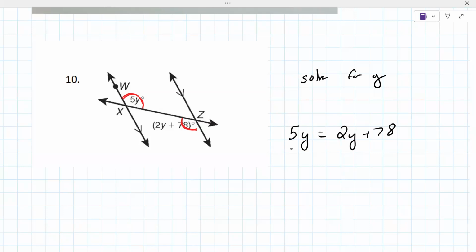Let me pull out my calculator. 26. y equals 26. Okay. Now, what if it asked for the measure of angle WXZ?